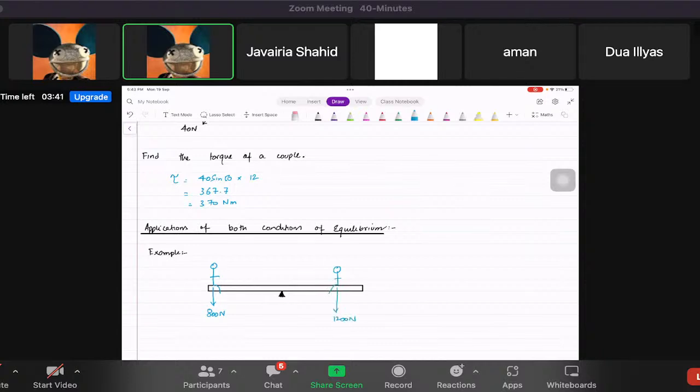Here the distances are like 12, and here the distance is d, and of course there is going to be a reaction force acting on the pivot as well.